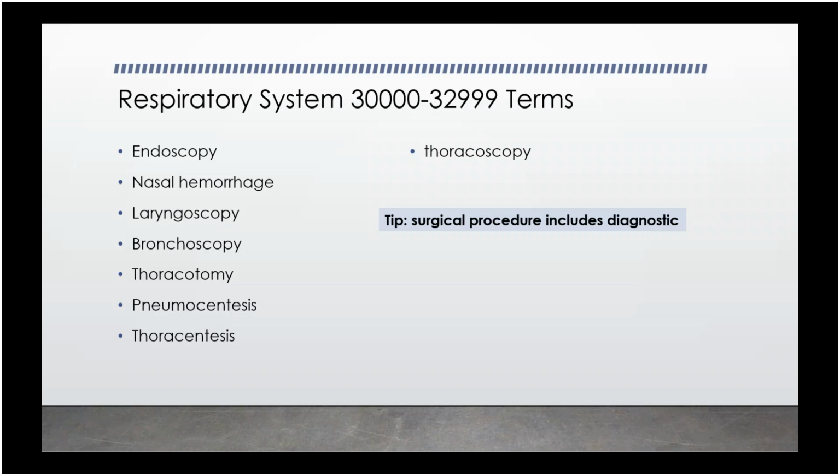Respiratory system. With our respiratory system, the tip that's listed in your coding study guide is surgical procedures include diagnostic. So again, if they performed a diagnostic endoscopy, bronchoscopy, laryngoscopy, those are going to be included in the therapeutic, the surgical procedure.